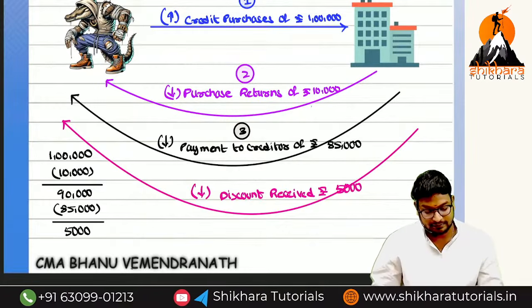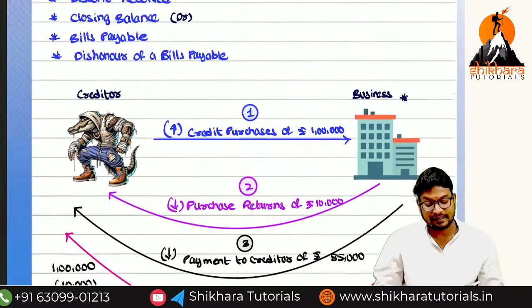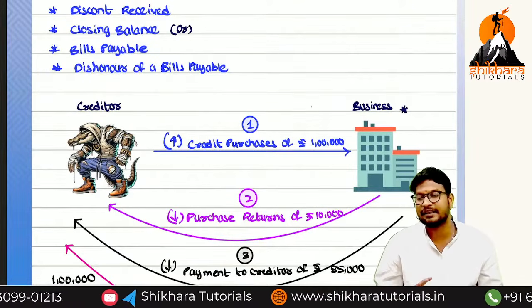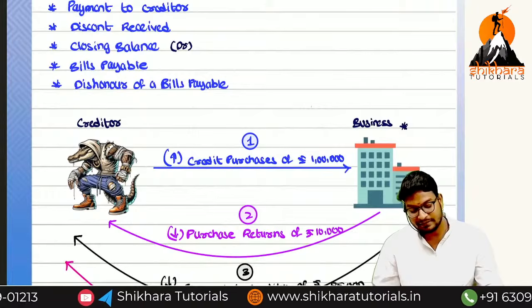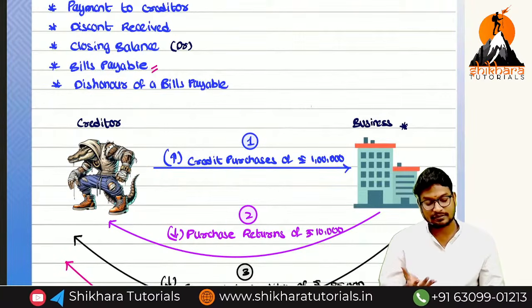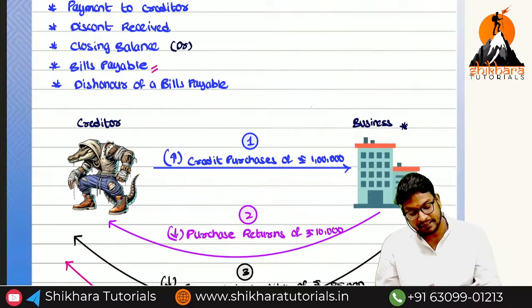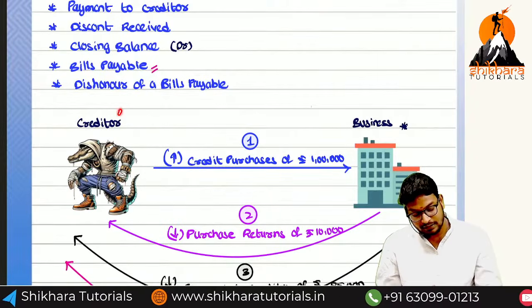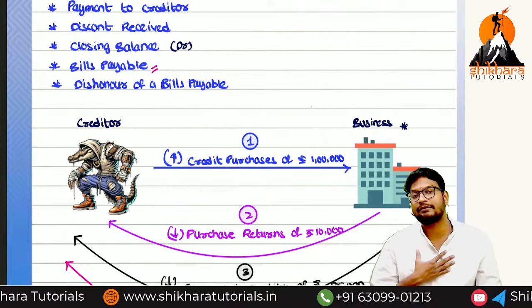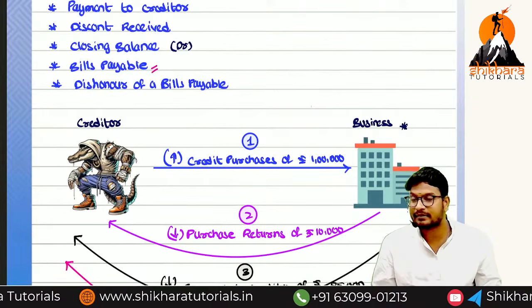Okay? Decreases. And then I will explain the bills payable concept, at that point of time, of bills of exchange in a very clear manner. Because of bills payable also the creditor value will decrease. Why, sir? Because if the creditor has trust in us, he will not draw the bill. If the creditor does not have any trust in us, what will he draw? He will draw the bills payable on us.